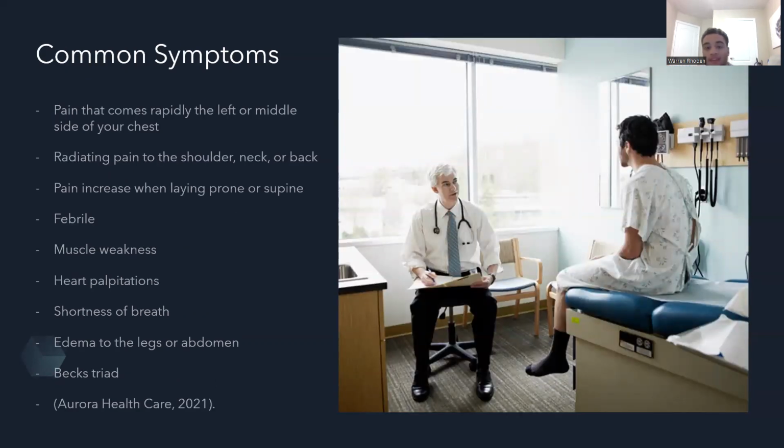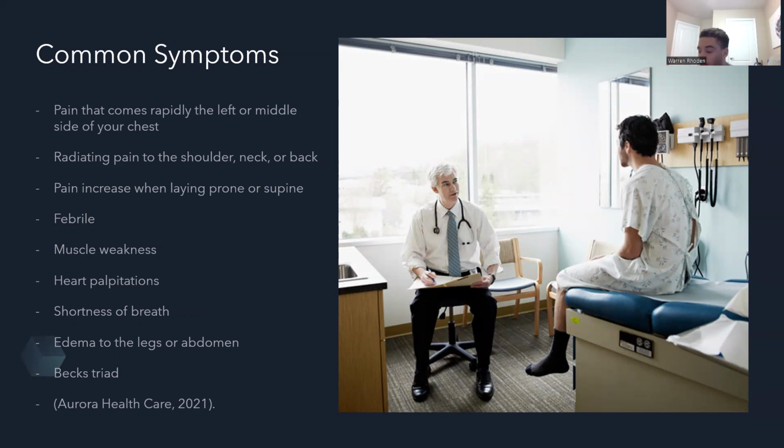Before I get into the life threats, I just want to talk about some symptoms you'll find with pericarditis, pericardial effusion, and pericardial tamponade. The first thing I want to touch upon, even though it's at the bottom of this list, is Beck's triad. This is low blood pressure, narrow pulse pressure, and there's kind of 4 things: the muffled heart sounds and the JVD.